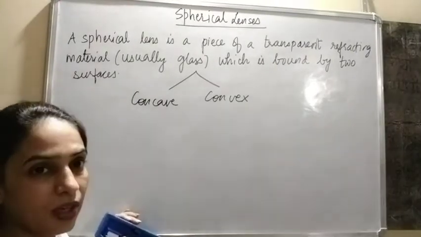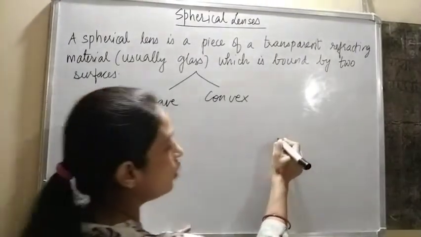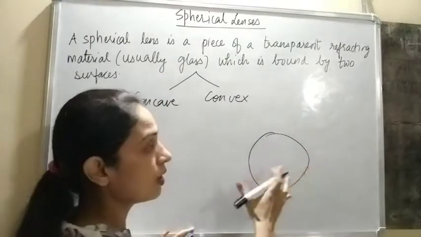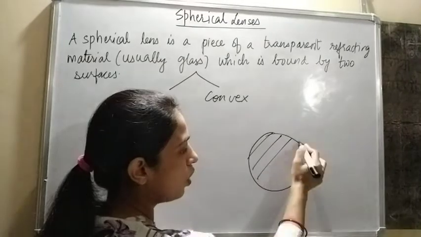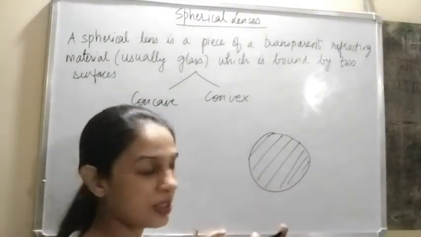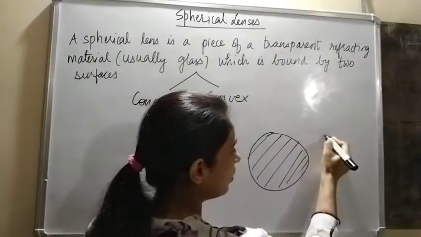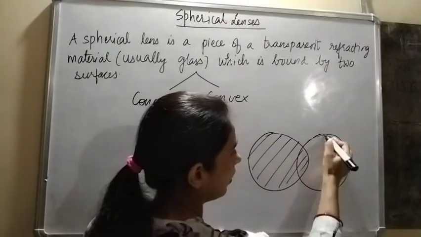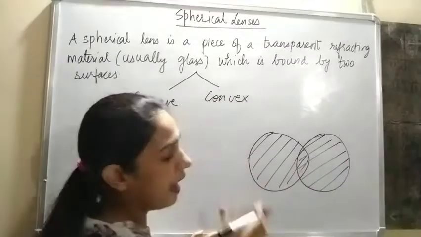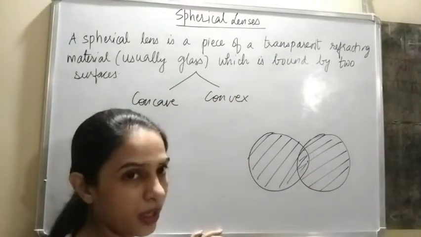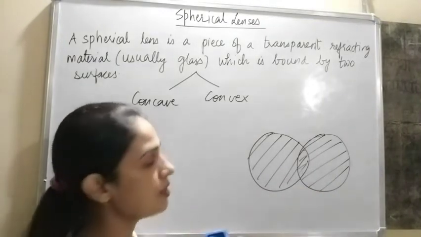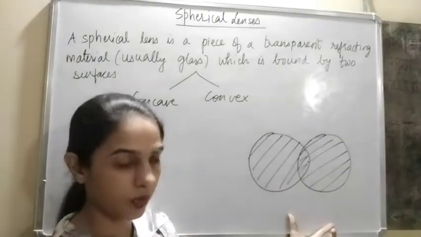Now how is the spherical lens formed? You take two big spheres. One big sphere which is a solid glass sphere. Solid means inside also there's glass. And you take one more. Most of the times both have the same radius, but it's not necessary that they should have the same radii.